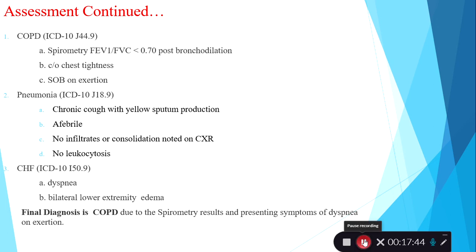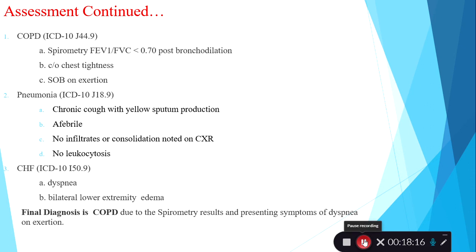For the second differential diagnosis, pneumonia, it can be ruled out due to Mr. CO not presenting with a fever. He did not show any infiltrates on his chest x-ray, and he does not have leukocytosis. However, he does have yellow sputum production, which is also common in COPD patients, along with chronic cough.